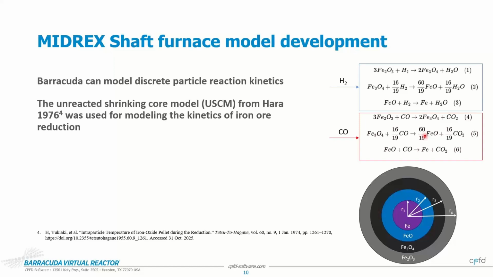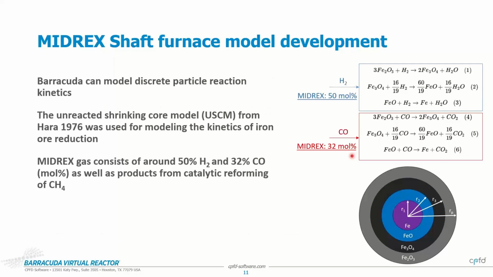In that paper, they described two different pathways for the reduction of iron ore, one by hydrogen and one by carbon monoxide. For this particular shaft furnace, the reducing gas contains a pretty even split between hydrogen and carbon monoxide: about 50% hydrogen and 32% carbon monoxide.